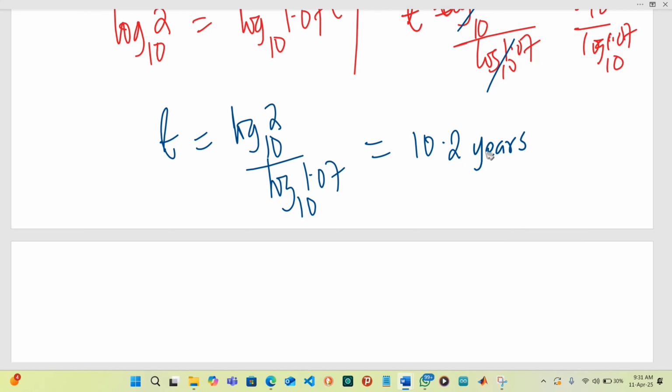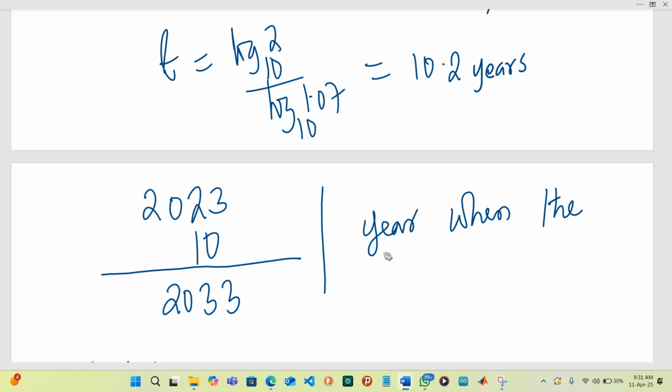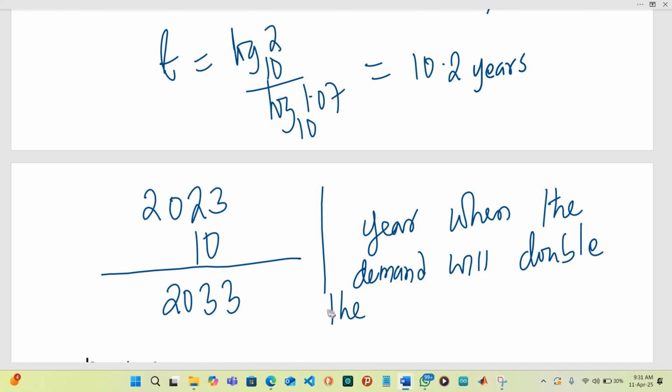I will just have to get 2023 and add 10 years, since this is approximately 10 years, and then this will give us 2033. So the year when the demand will double the 2023 level is 2033.